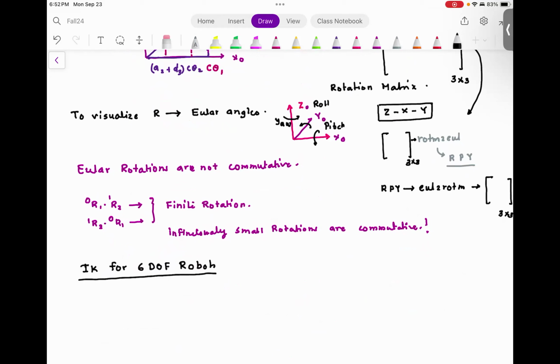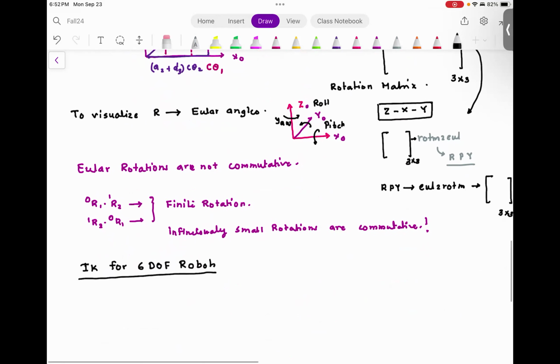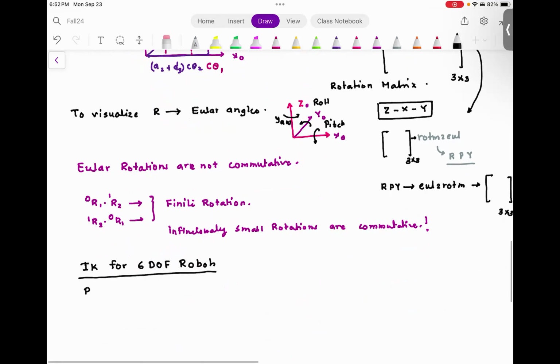Now here comes the problem. If you have a robot that has more than 3 degrees of freedom, and it can be anything, how do you solve for inverse kinematics? Let's identify what's happening here. Whenever you solve for a 6 degree of freedom robot, the inverse kinematics problem will be: you would be given Px, Py, Pz, which is the end effector position.